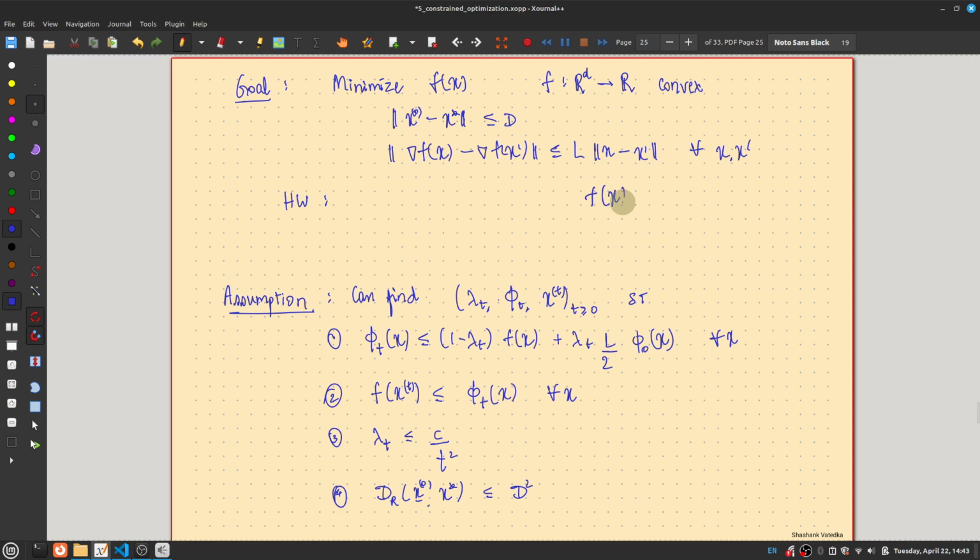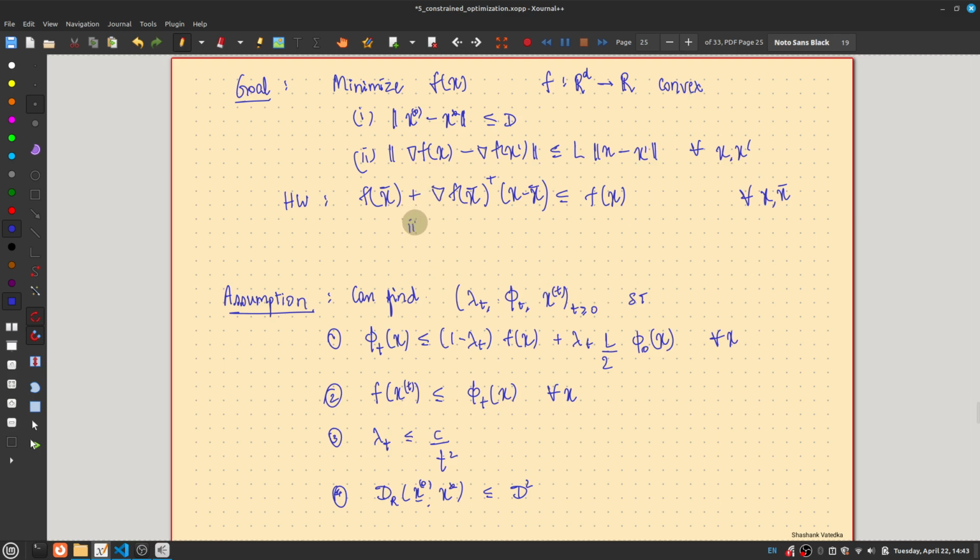So f of x for any x is lower bounded by f of x bar plus gradient f of x bar transpose times x minus x bar. This holds true for all x bar because f is convex. That is straightforward. Let me call this property 1. Let me call this second property.